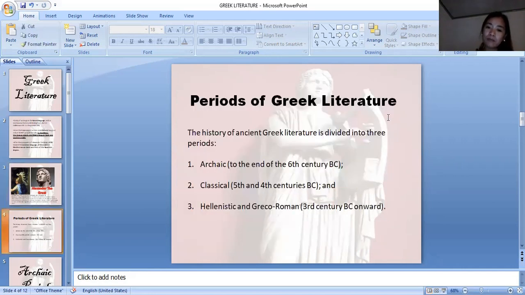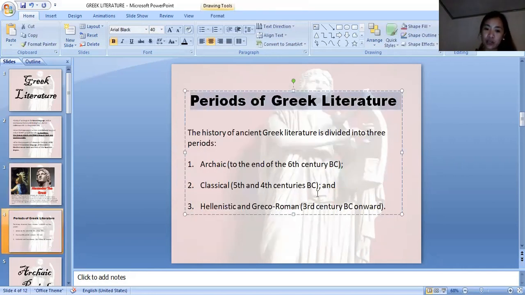Okay, let's now move with the periods of Greek literature. I just want to make sure about the pronunciation. Don't get me wrong, I am searching the pronunciation kasi gusto kong maging tama.